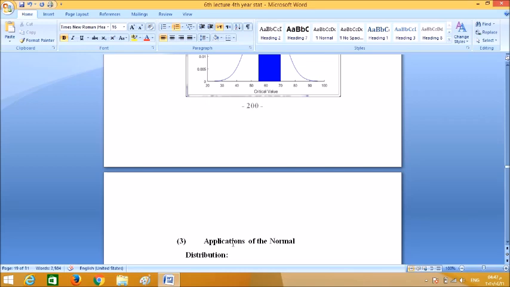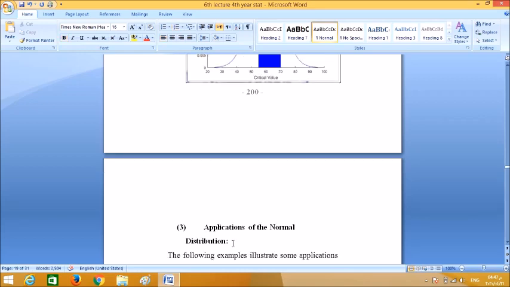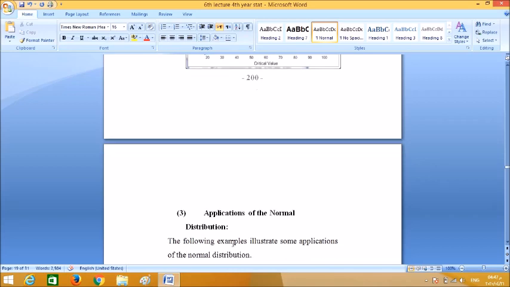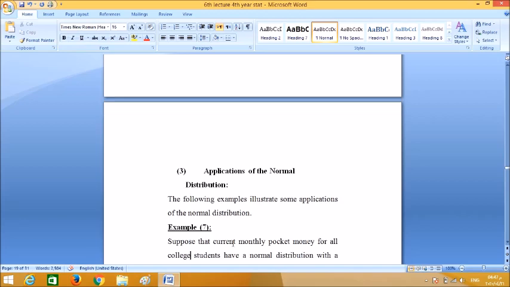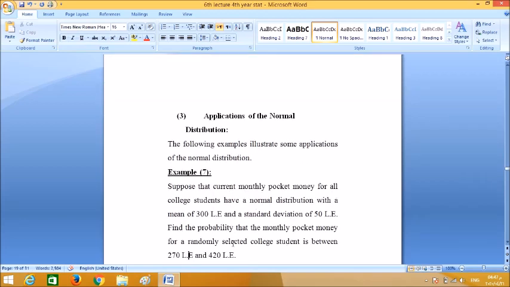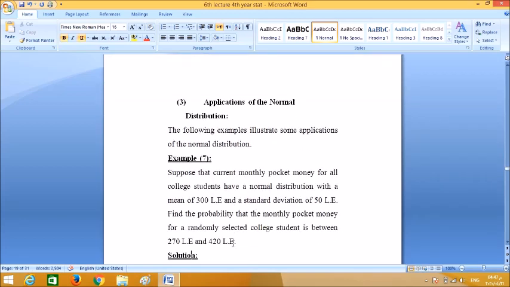Applications of the normal distribution. This is the third point, which contains some applications for the normal distribution. Example number 7. Suppose that the current monthly pocket money for all college students has a normal distribution with a mean of 300 pounds and standard deviation of 50 pounds.